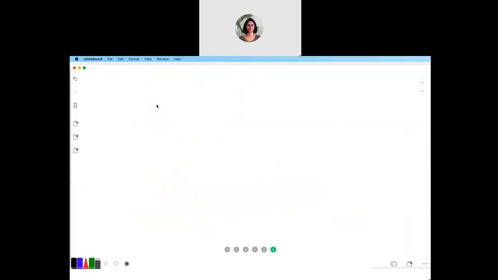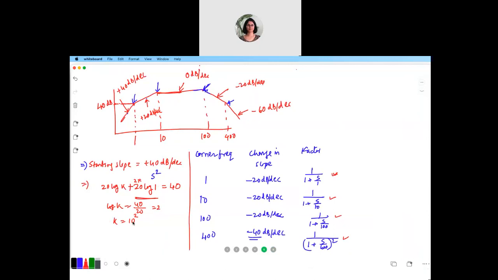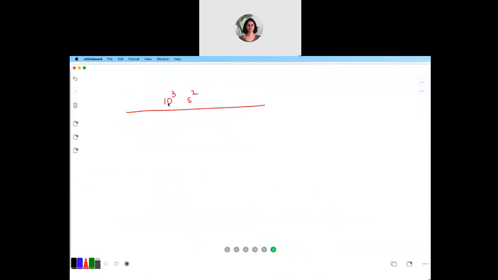What will it be? K multiplied by s square. K we have calculated as 10 to the power 2, sorry, not 10 to the power 3. So 10 to the power 2 into s square is in the numerator. In the denominator, 1 plus s, this is the first term, then 1 plus s by 10.